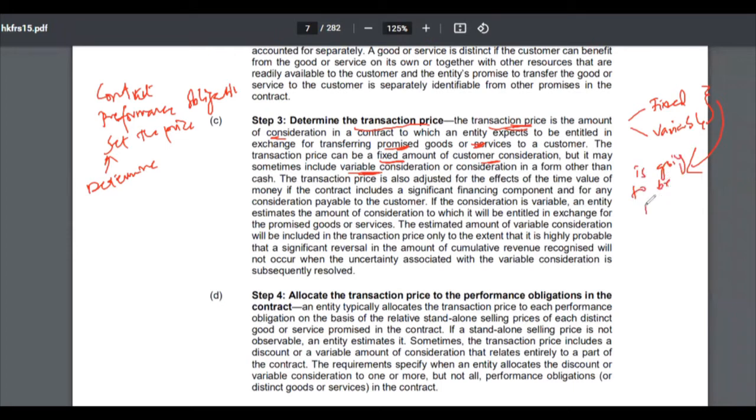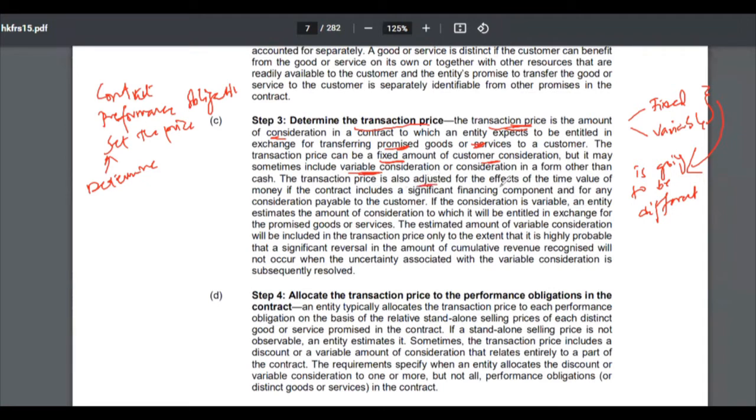It's not going to be the same. Of course, this is covered in the standard, but this video is not going to talk about that, because this video is only about the 5 steps. So the transaction price could be fixed or variable.